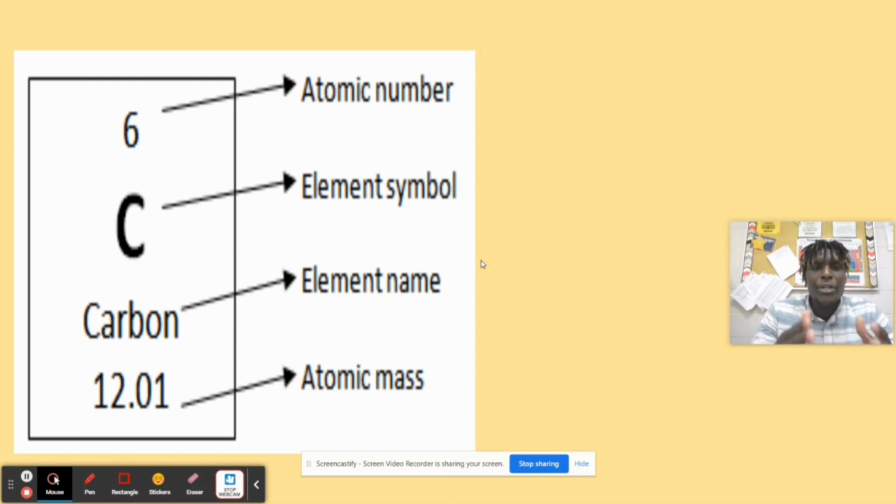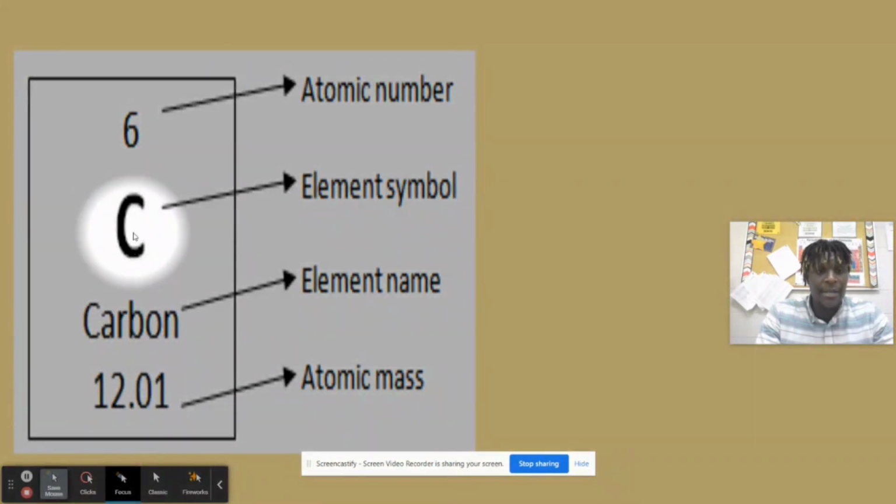Now, we are going to be zooming in on one of those small boxes on the periodic table. In those small boxes, you will see a letter. That letter represents the symbol. We will also see the atomic number, which can either be at the bottom or at the top.